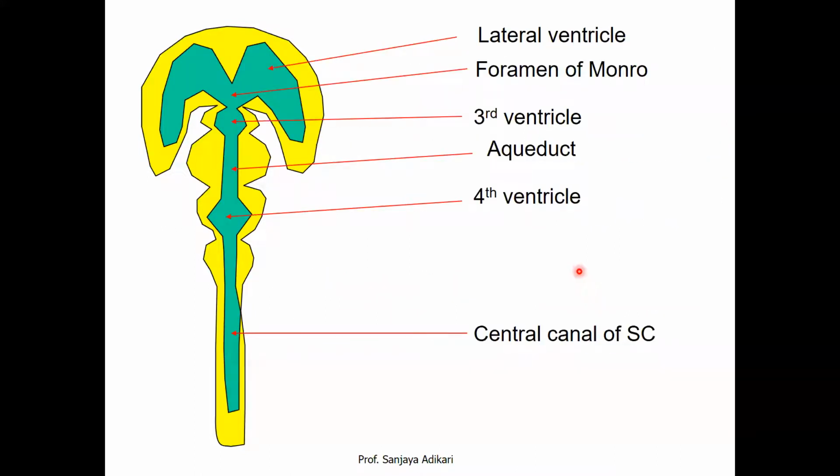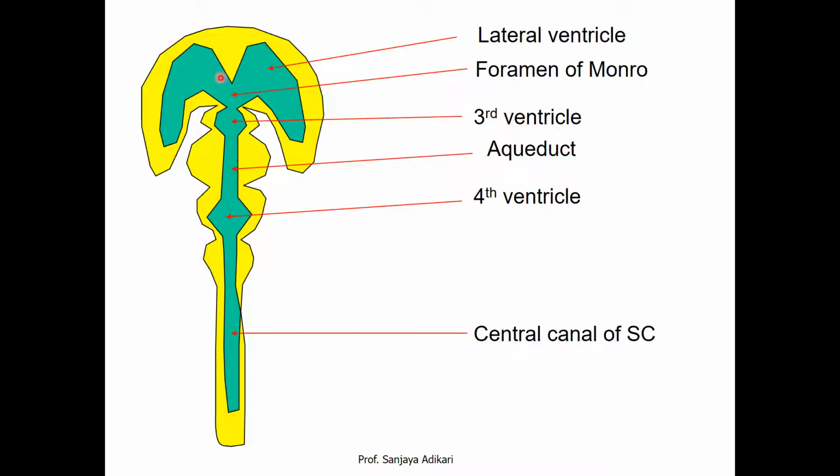Then the cavity that was inside the original neural tube will not stay as a tube cavity. That will also expand with the expansion of the tube. So you can see that the cavity inside the anterior end of the neural tube now expands with the developing cerebral hemispheres, and that has given rise to two large ventricles.